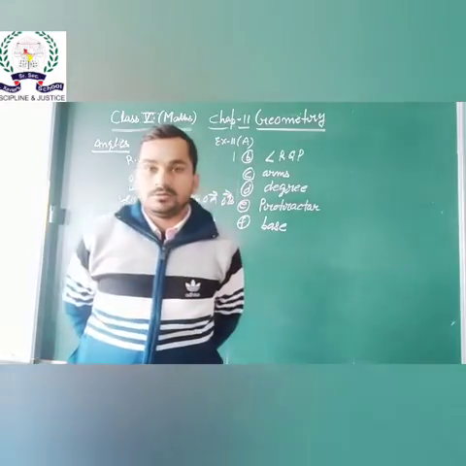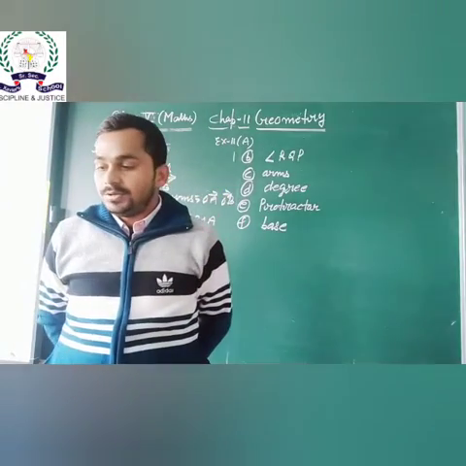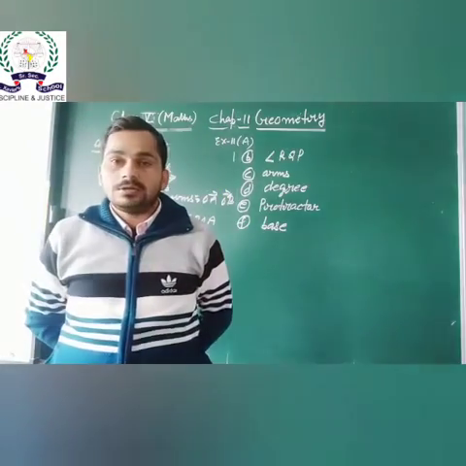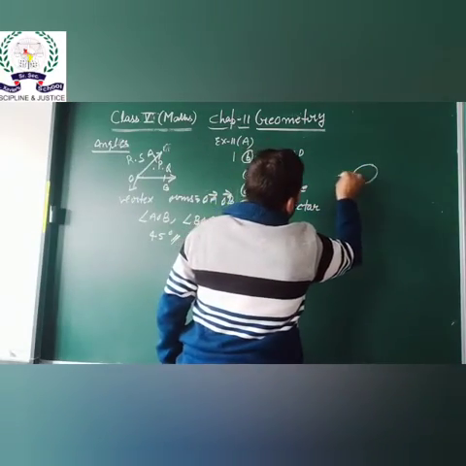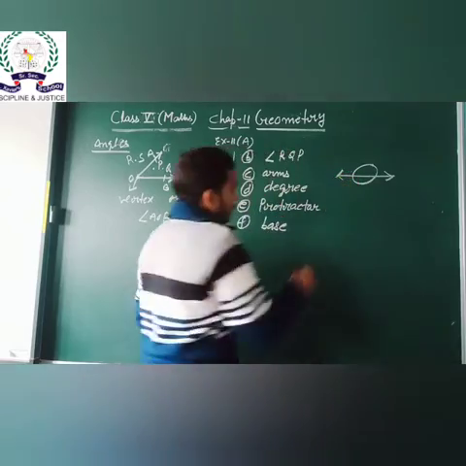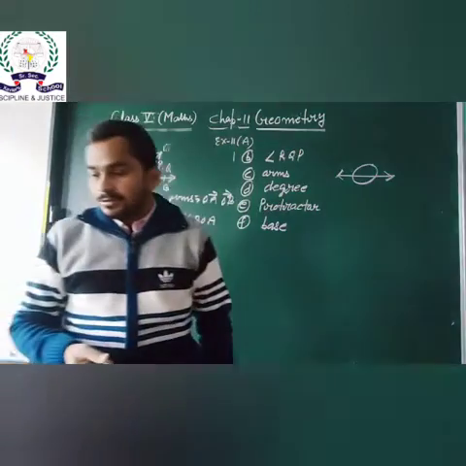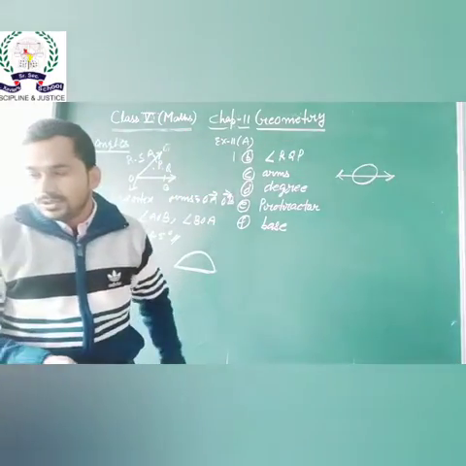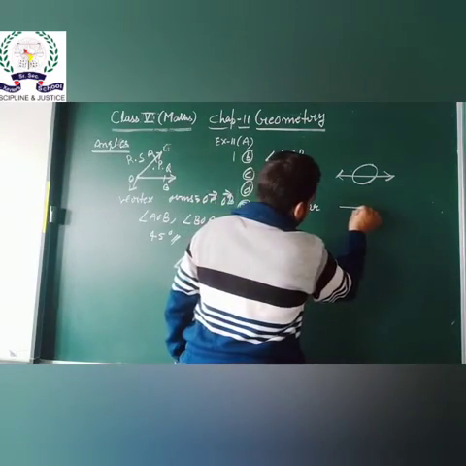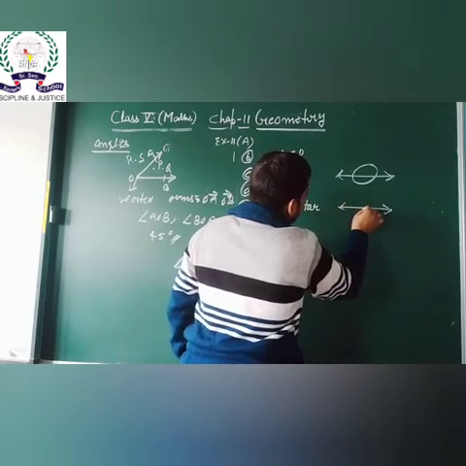A straight angle is equal to 180 degree. A complete angle is 360 degree. A reflex angle is more than 180 but less than 360 degree. And a 0 degree angle is where we have a straight line.